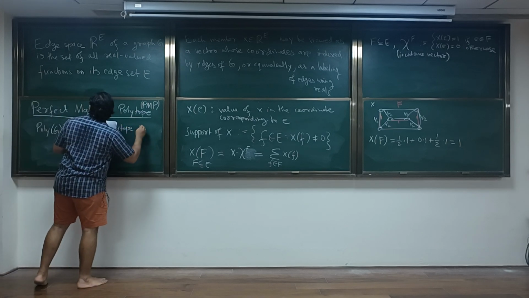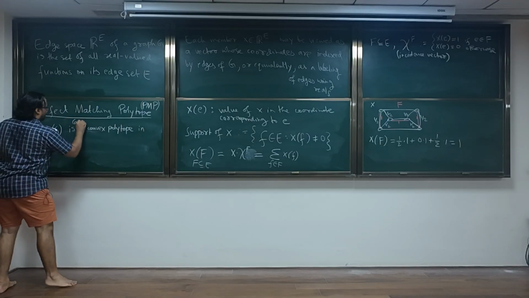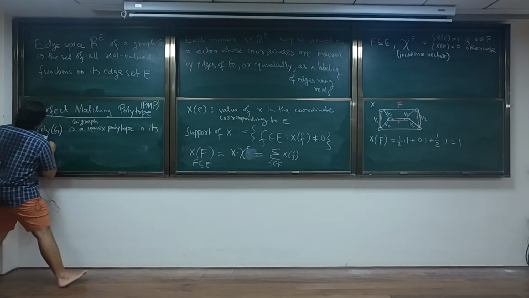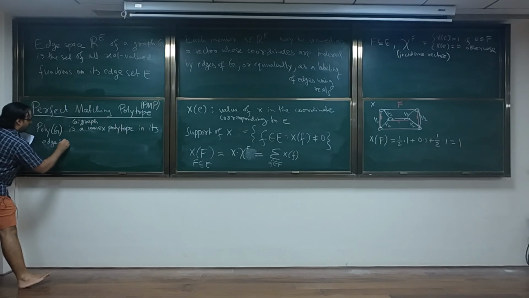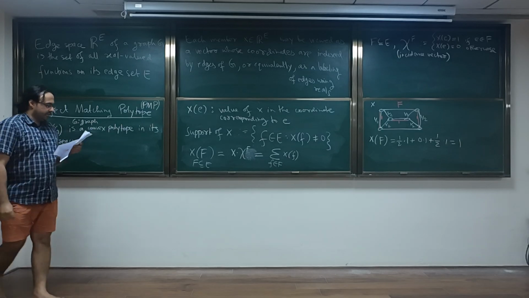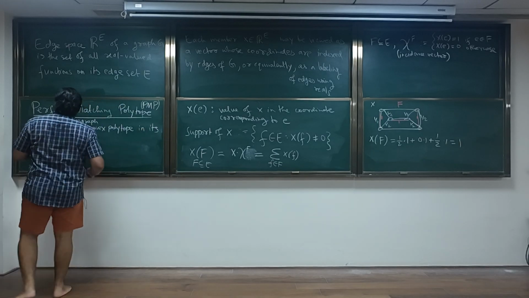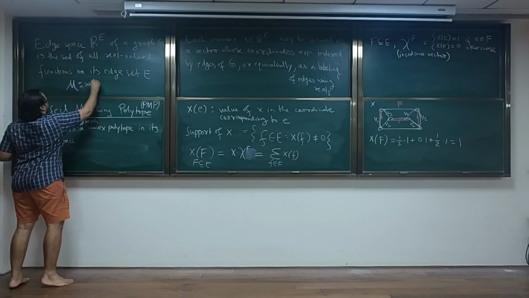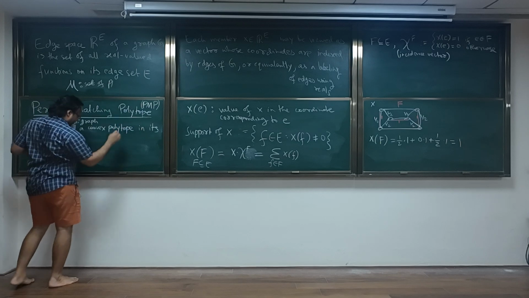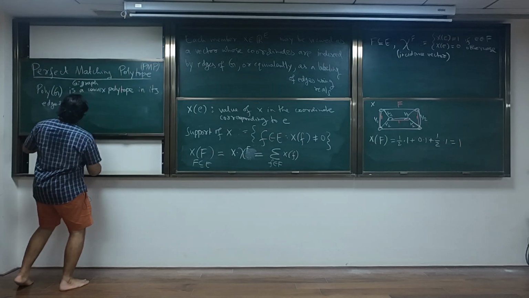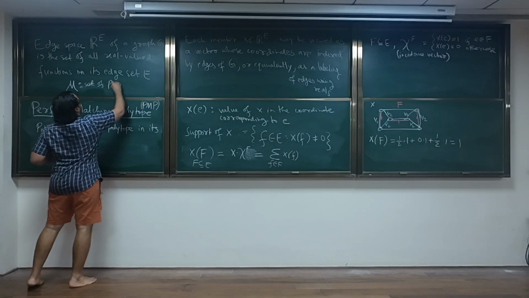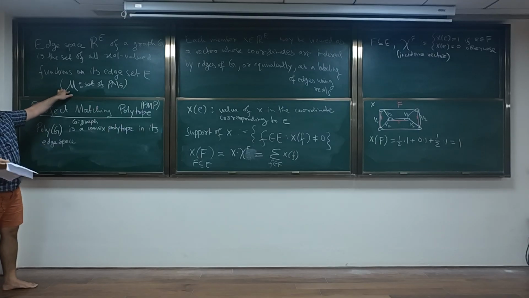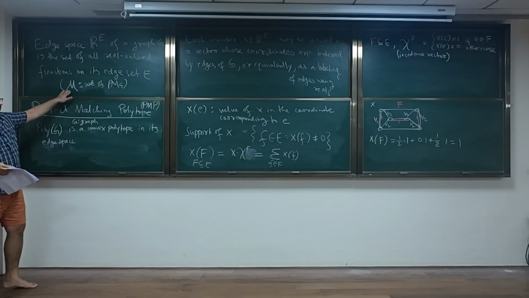Where G is your graph, in its edge space. In particular, it is the set of all convex combinations of perfect matchings. If I let script M be the set of perfect matchings, of course, when I want to specify a graph I will write script M of G, but in general, say my graph is G, script M is the set of perfect matchings.